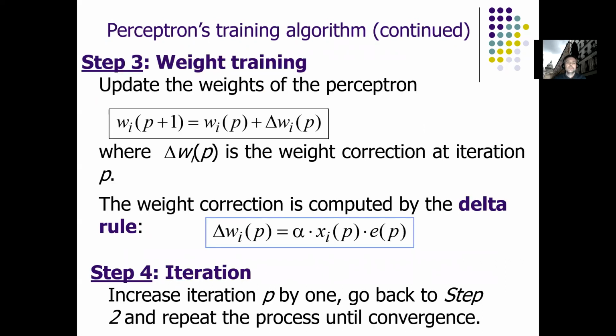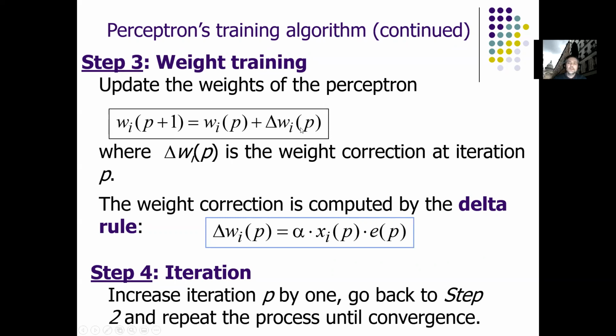Then there is a step which is about the update of the weights. The update of the weights is based on the errors that are taken into account in some kind of formula in order to calculate how much the weights should change, the amount of weight change. The formula follows the standard rule. The new value is the old value plus some kind of correction. This delta W is the correction.